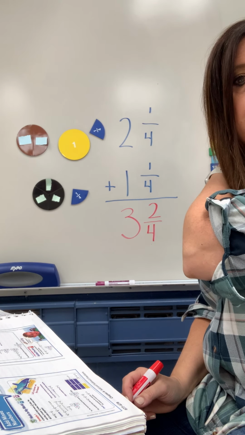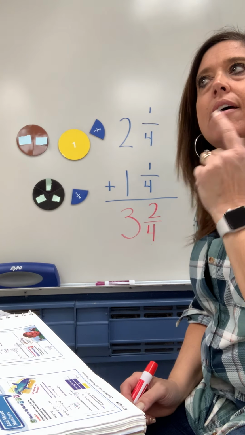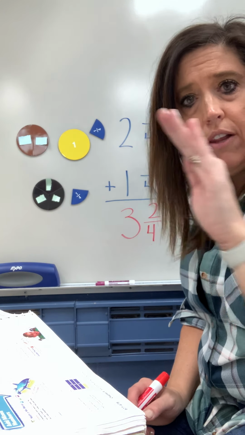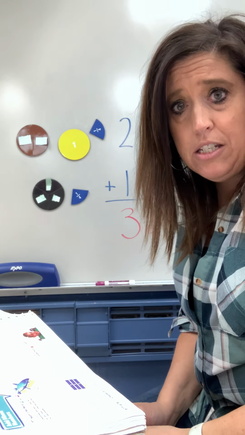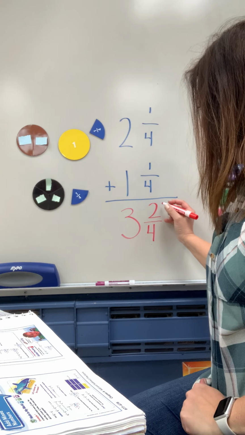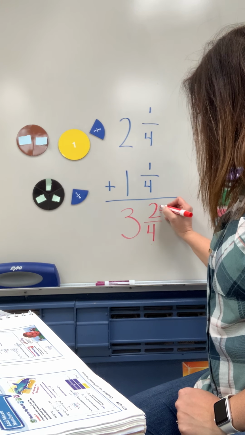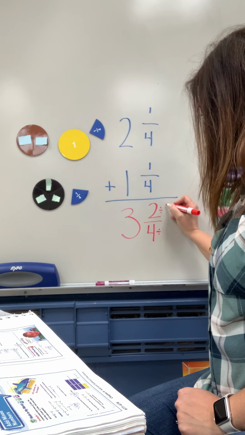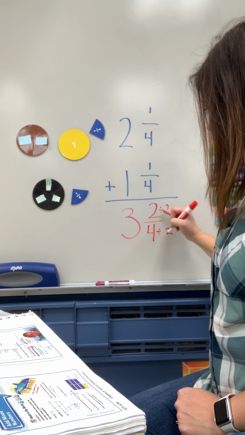Now what we have to do is say to ourselves, am I able to simplify? Remember, all of your answers when you're dealing with fractions need to be simplified. So can we simplify 2/4? Sure. The common factor that we can divide this by would be 2. So we're dividing both the 2 and the 4 by a common factor of 2.